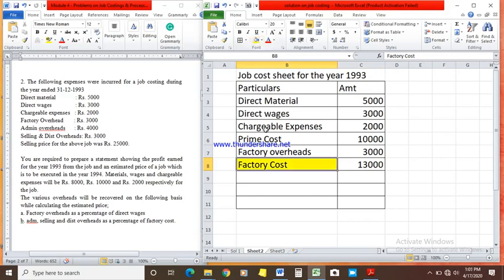I'll just highlight some of these values so that it will be easy for us to understand. Then we have administrative overheads, that is 4,000. So if I again take the total of these two, I get what is known as cost of production, or I can call it cost of goods sold.